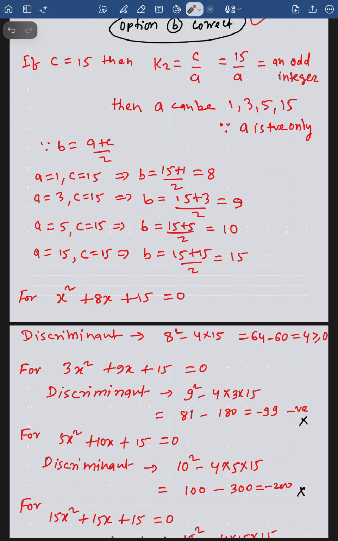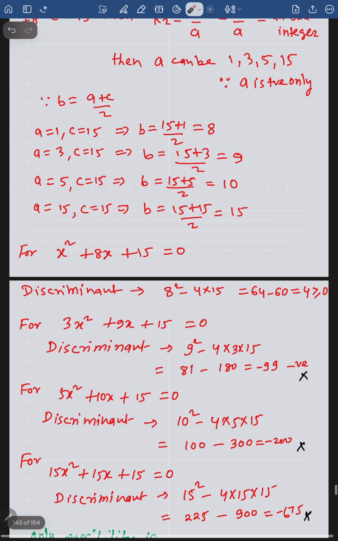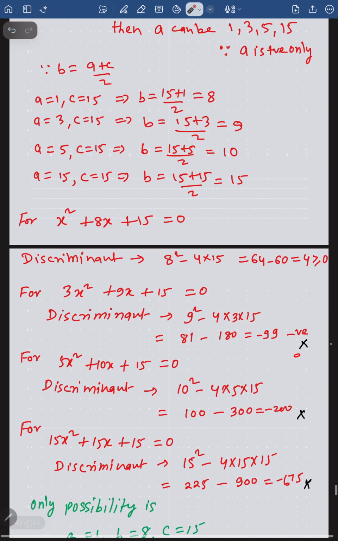Similarly, when you check for a is 5, b is 10, and c is 15, you see the discriminant is negative. So we will ignore these two. For the last, a is 15, b is 15, c is 15, the discriminant is 15 square minus 4 into 15 into 15, which is negative. So this also we will ignore.